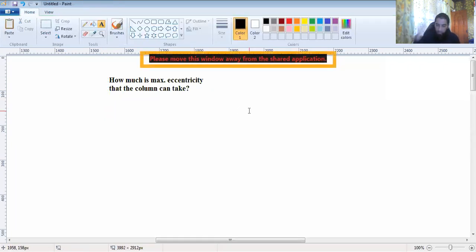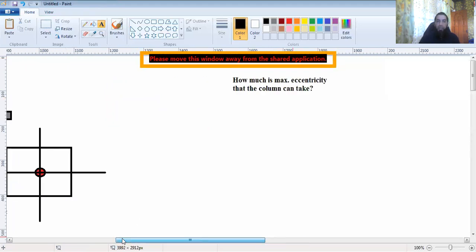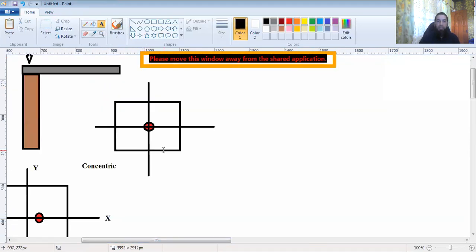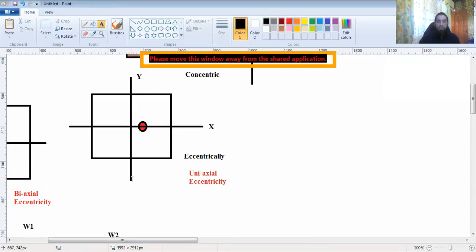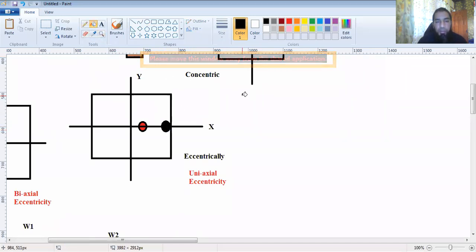Now, if you have such a large eccentricity, for example, in the uniaxial eccentricity, the eccentric loads are acting somewhere near the end of the column. Those loads will not be transferred properly through the column.